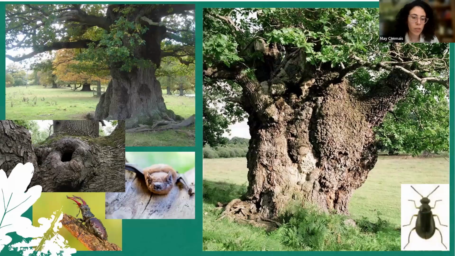Just a few examples of what lives on trees. Bats will roost in trees, and typically enjoy ancient trees for their holes. We can see the stag beetle as well. And on the right, you can see this thing called a Mocca's beetle. That lives in Mocca's Park, which has a dense population of ancient trees and is a highly valuable feature of the site because of the opportunity it provides for these specialist species.